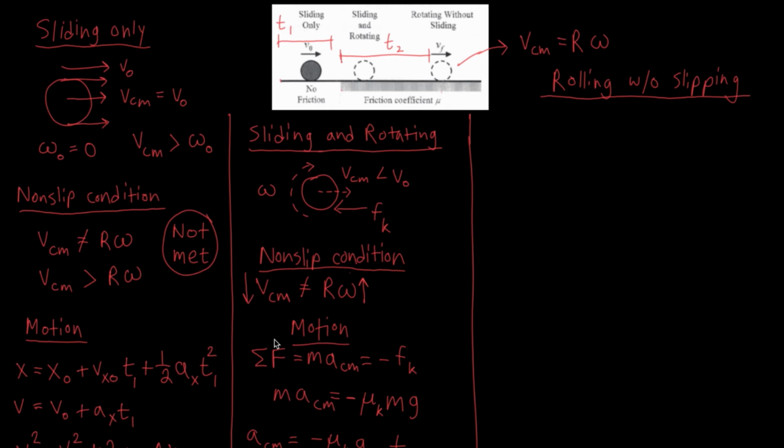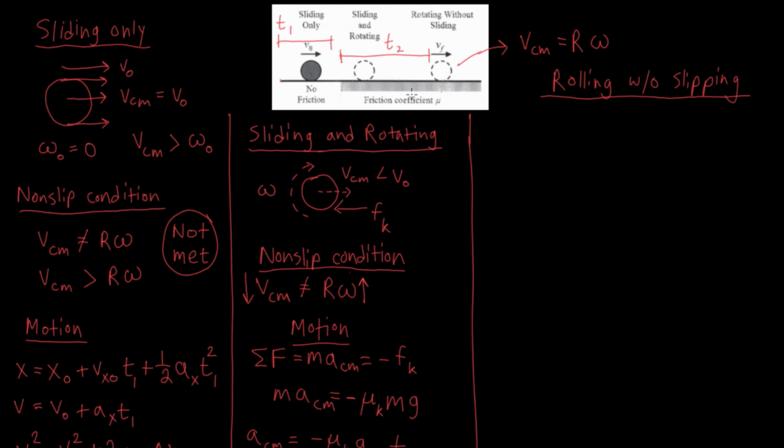I labeled time periods on our diagram so we can avoid any confusion. The time period t1 right here corresponds to the time in which the object is sliding only, and the time period t2 corresponds to the period of time in which the object is sliding and rotating.